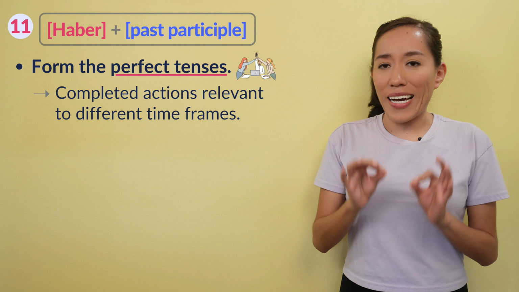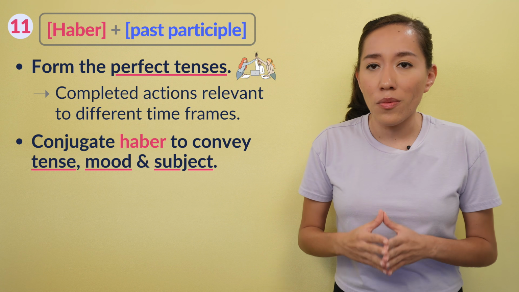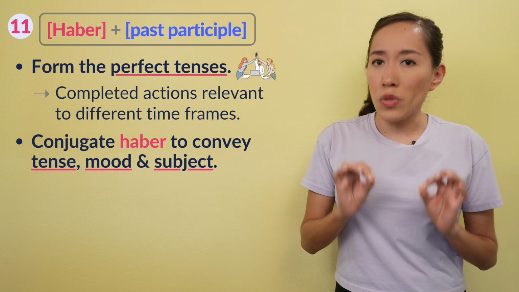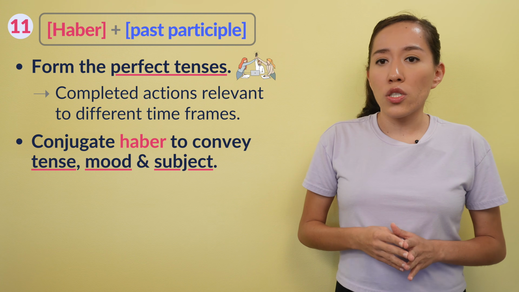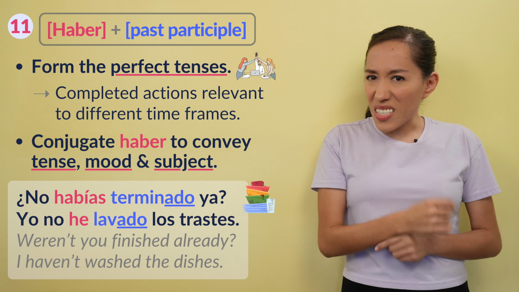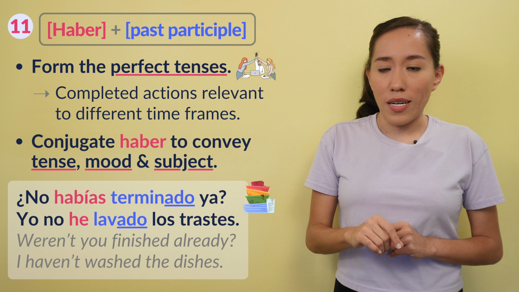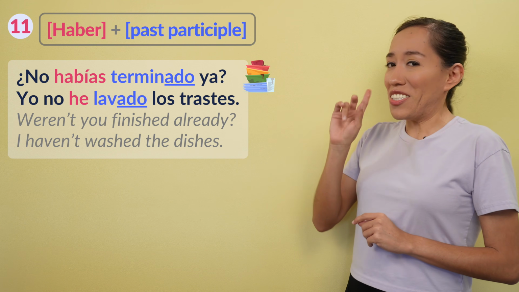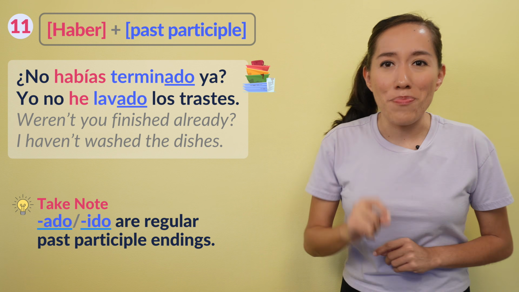En este caso, es importantísimo que conjuguemos el verbo haber. In this case, we do need to conjugate haber because this conjugation is going to express tense, mood, and subject. ¿No habías terminado ya? Yo no he lavado los trastes. Over here, by changing the tense, we have the past perfect and the present perfect.